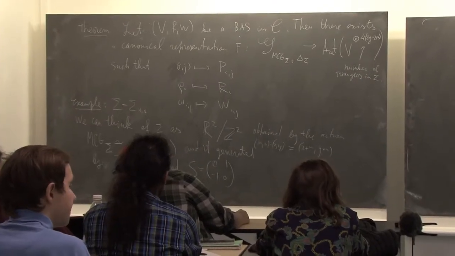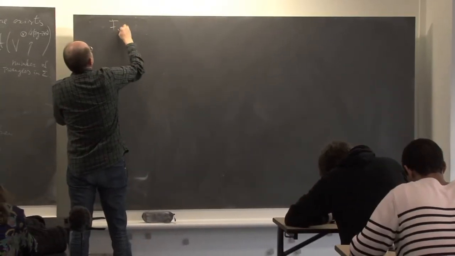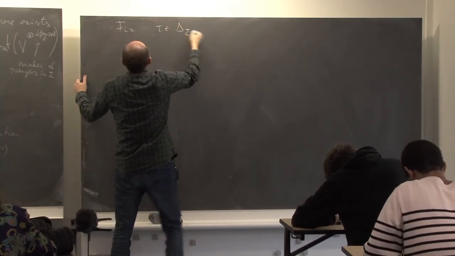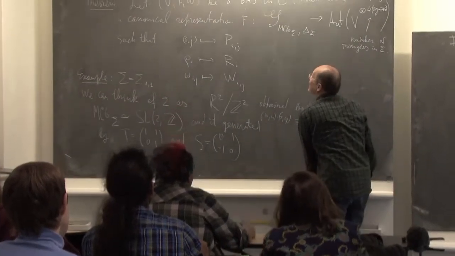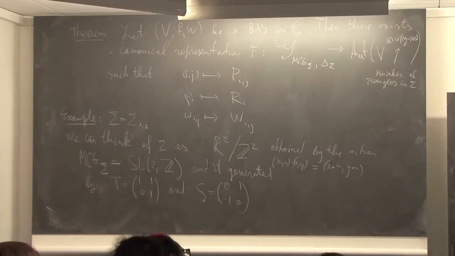And we have to pick one ideal triangulation as a reference one. So let us do this. Fix tau in Delta(Sigma). Excuse me, could you push the left board up? Left board up, this one? Yeah. Thank you. You're welcome.